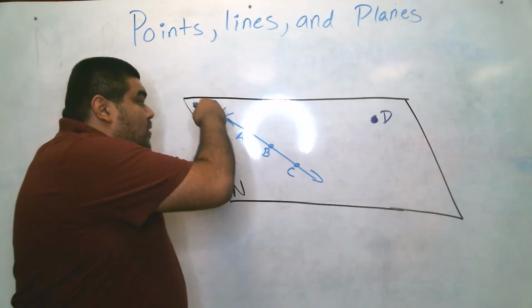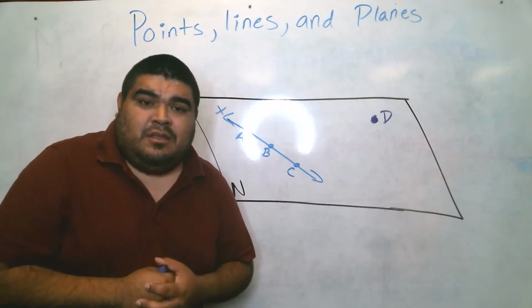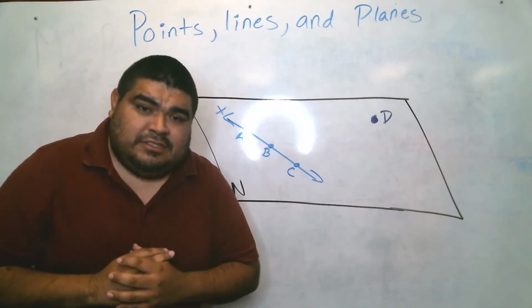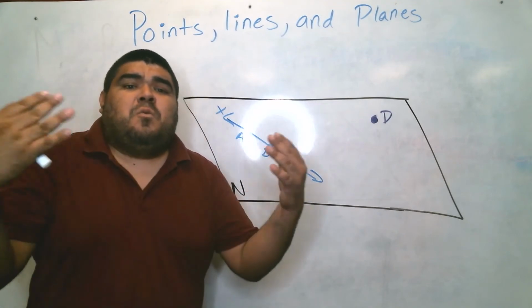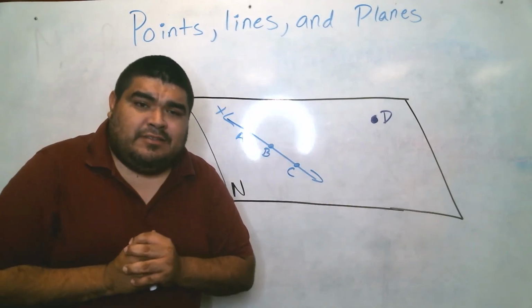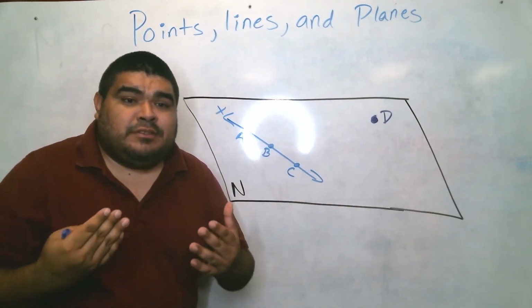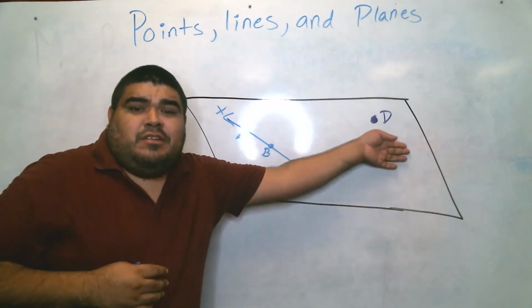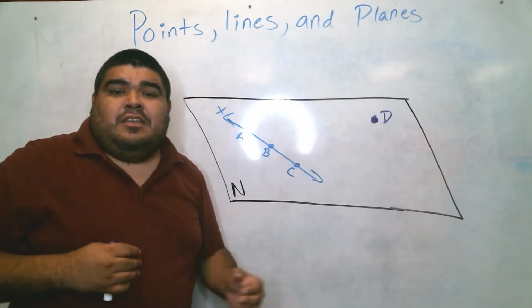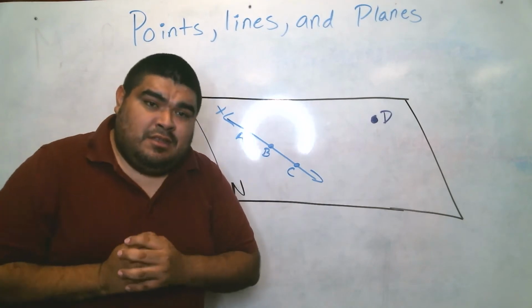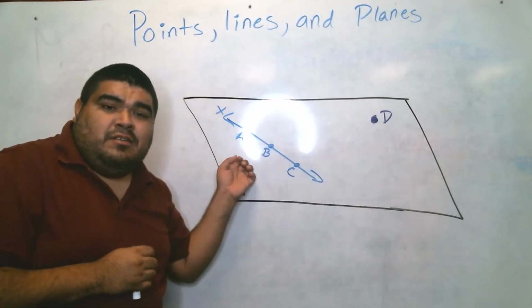So the line is called X. And the third example, if I were to say, give me a point that isn't connected to other points. Notice that we have a loner over here, right? This point D. So your answer would be point D is not part of line X.